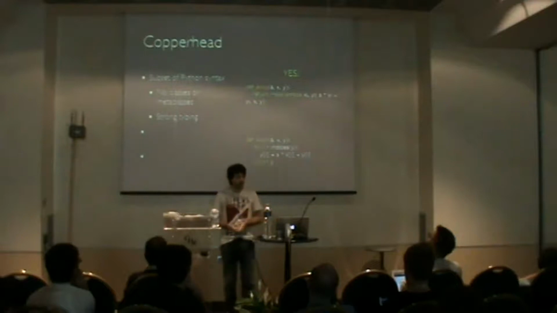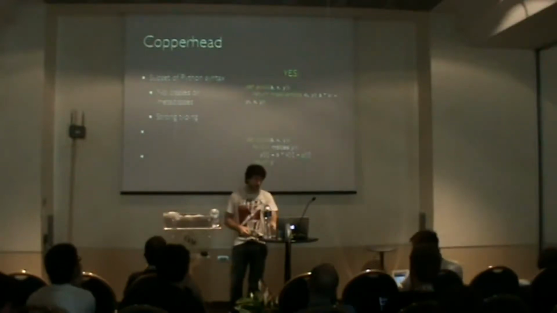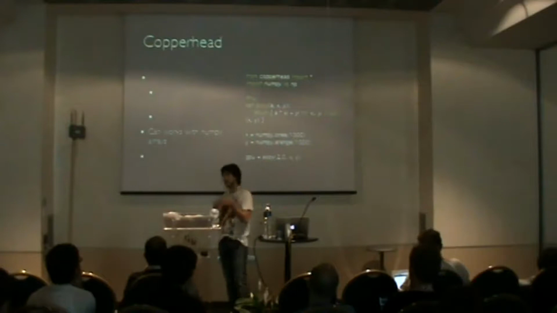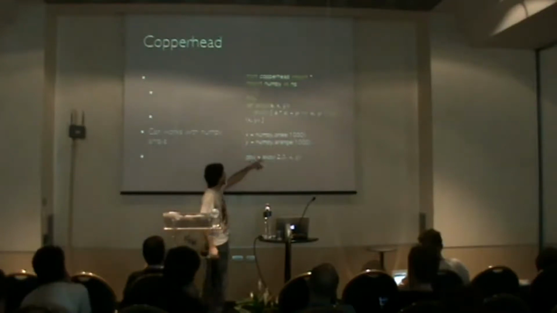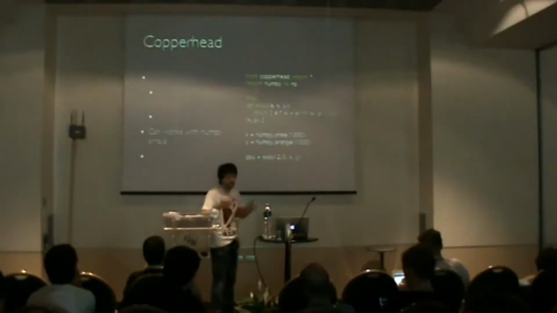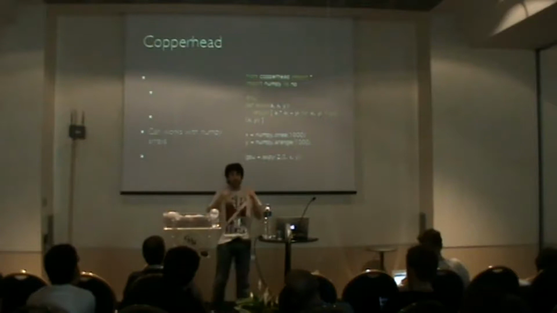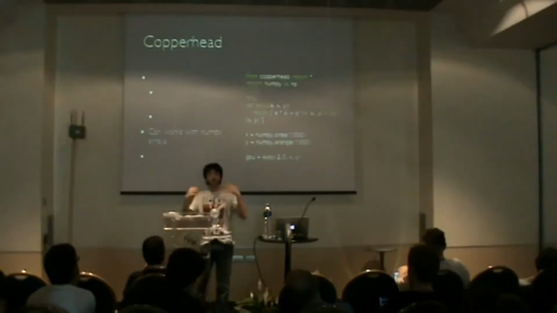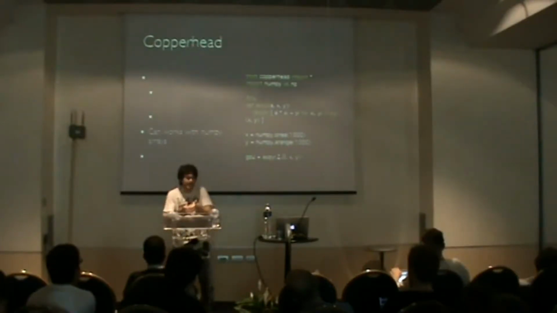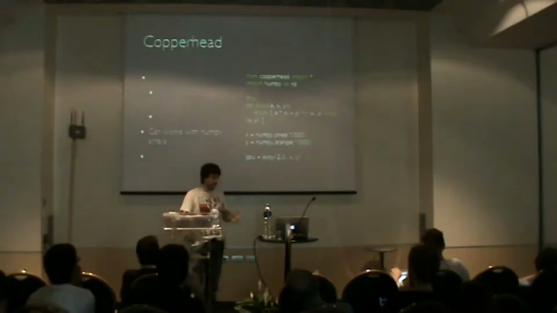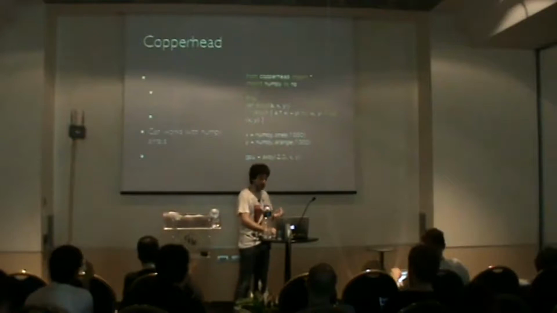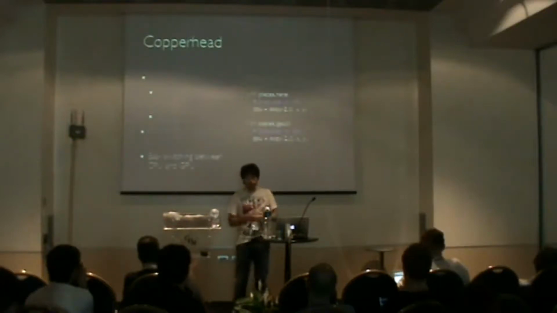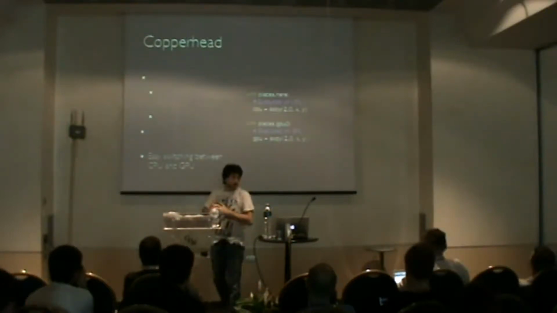It's tightly integrated with NumPy. So we can rewrite the previous example, just changing these lines to use NumPy, and it works. If you want to use Copperhead, you don't need to modify or rewrite your programs to make them work with Copperhead. It also offers easy switching between CPU and GPU with the construct with.